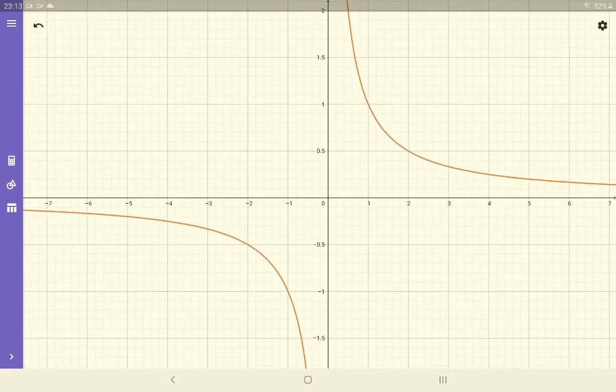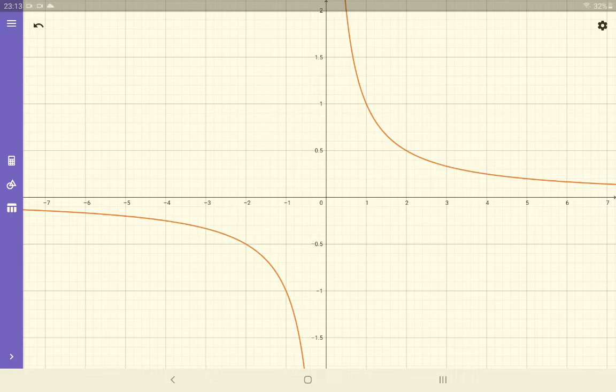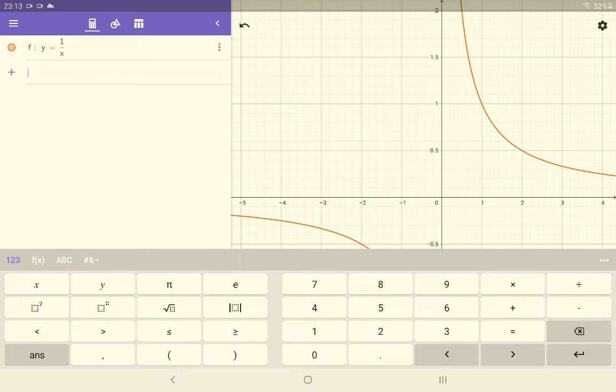That is the reason that for its graph you can take negative values and positive values, but you can't take 0 when your x is the denominator of this function. Your function is y equal to 1 over x. You can check with any kind of rational function.